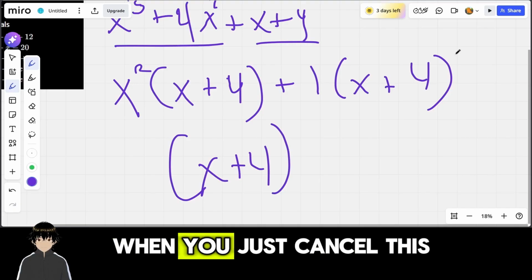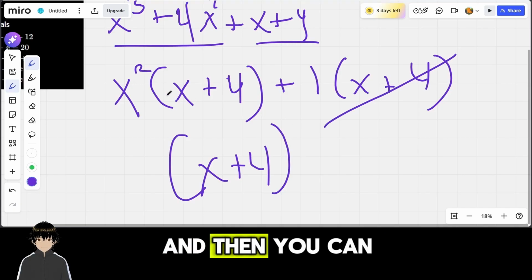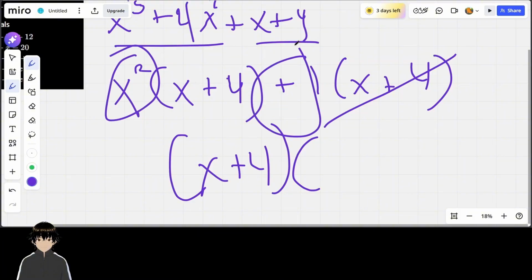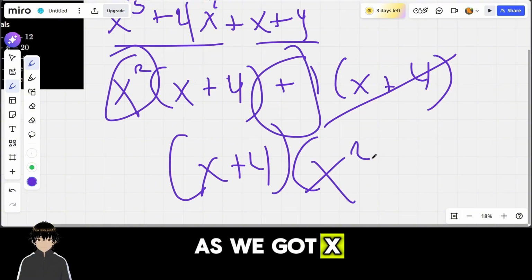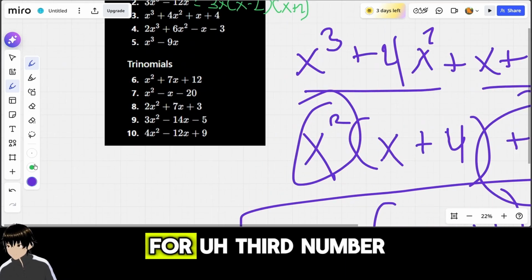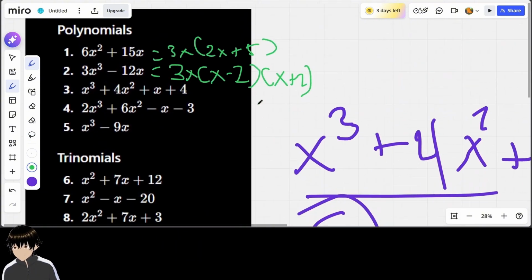It's a common factor, you just cancel this, and then you proceed with these two least common factors. We got x squared plus 1, so that's going to be the answer for the third number.